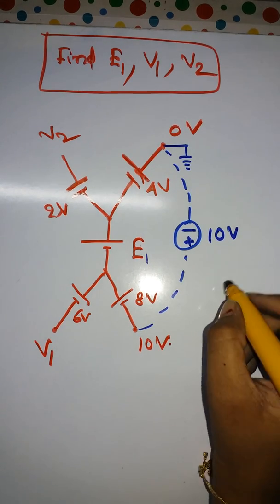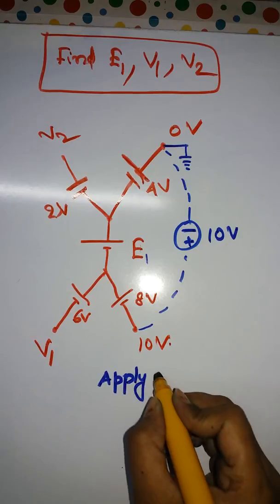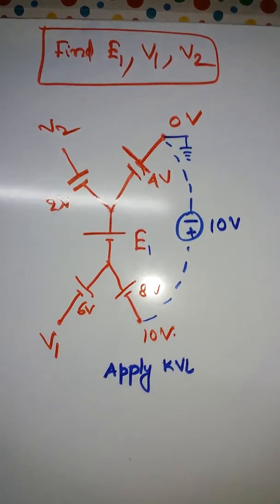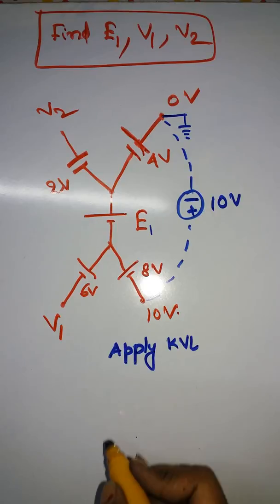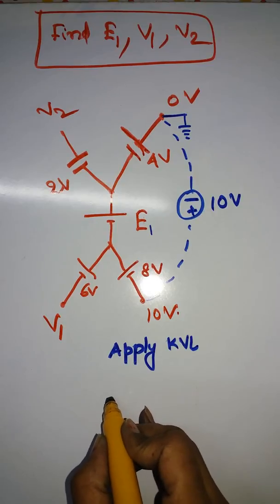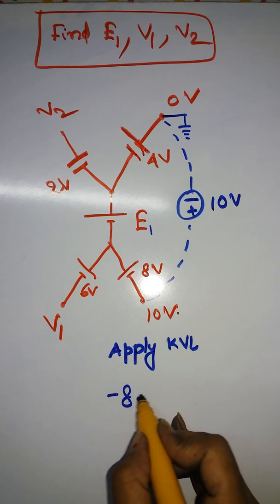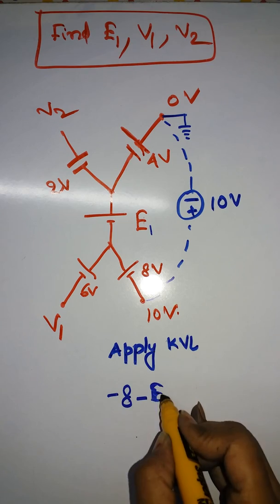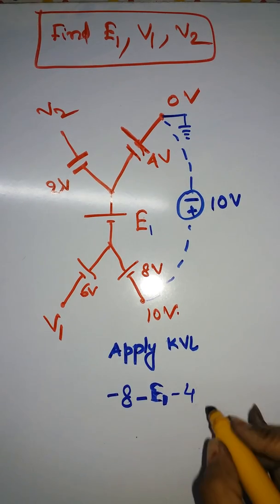Okay, so apply KVL over here. So if you apply KVL, what are you getting? You're getting minus 8 minus E1 minus 4 minus 10.